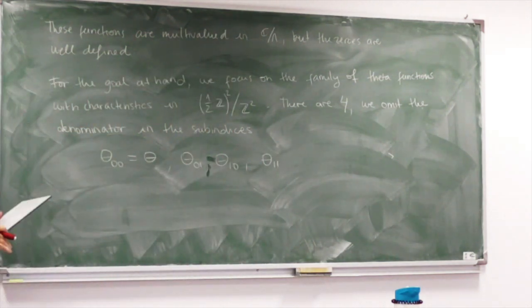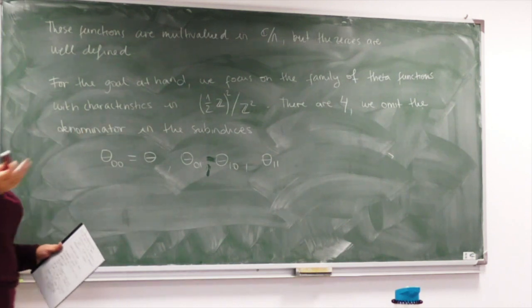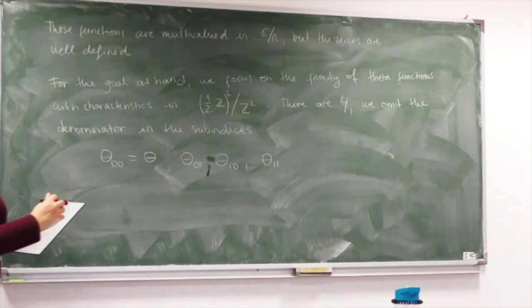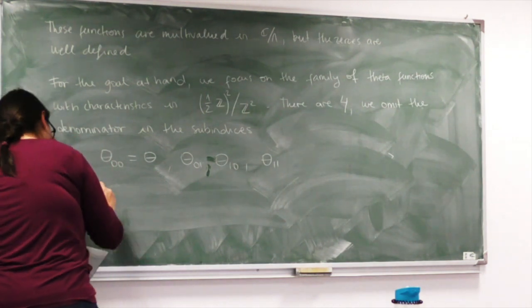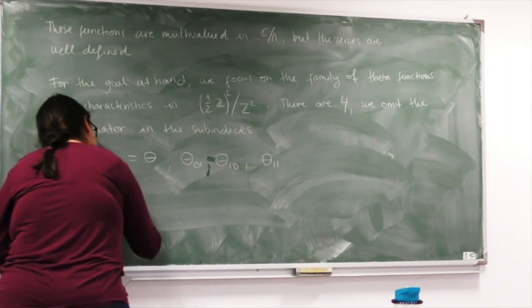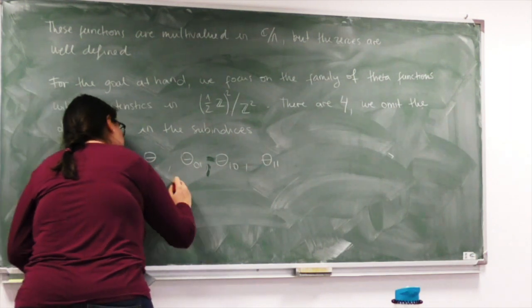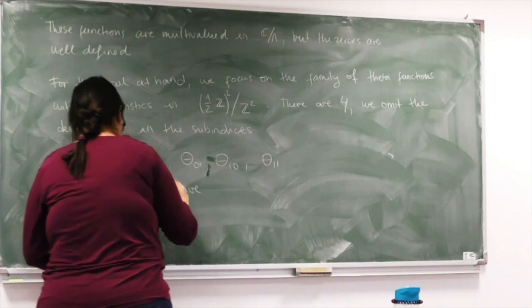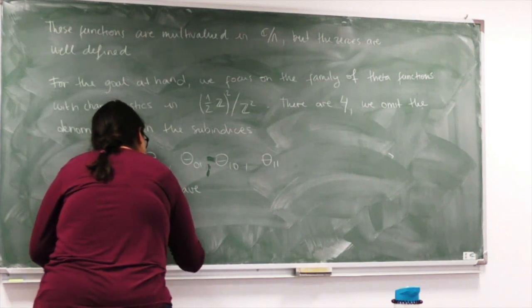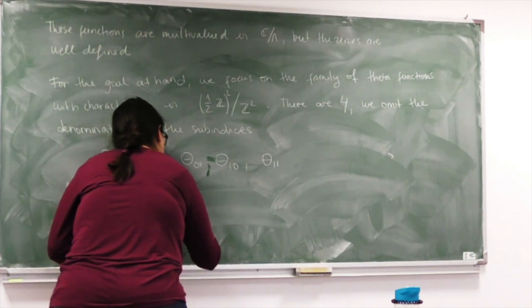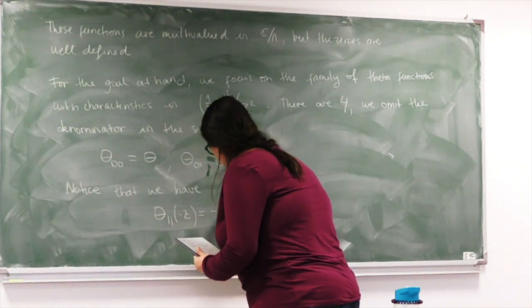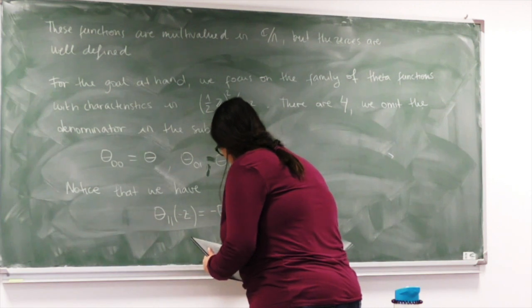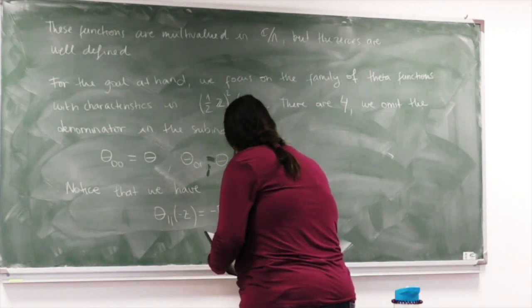These are the 4 thetas that we'll be looking at, and one can prove, and again, I leave this as an exercise for you, that theta 1, 1 evaluated in minus z is nothing other than theta of 1, 1 at z for every z in the complex numbers.